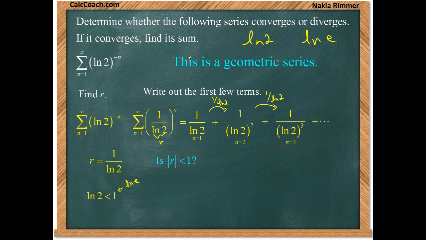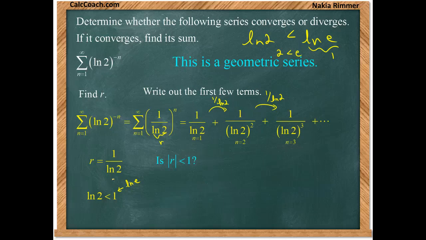And the way the natural log function grows, when you put a larger number in, you'll get a larger number out, it being an increasing function. So because 2 is less than e, the ln of 2 will be less than the ln of e. So we know the ln of e is 1. So it turns out that the ln of 2 is less than 1.